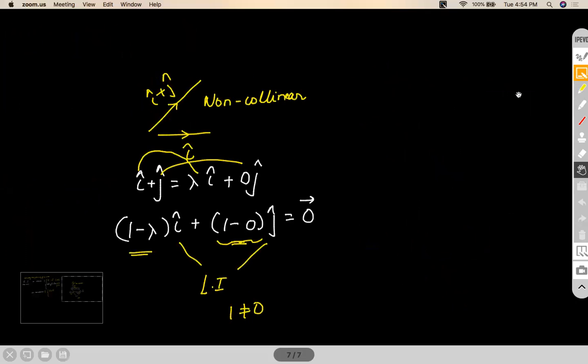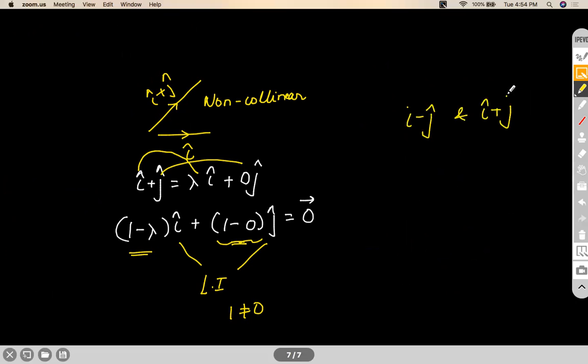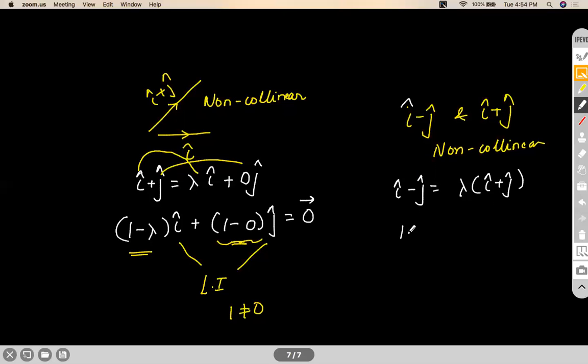Are you getting my point? Or let us say I take another case: i minus j and i plus j. You know they are non-collinear. Now try to do this: i minus j is some lambda times i plus j. If you compare the coefficients, which is very much legal to do because i and j are non-collinear, then you'll get lambda as 1 and lambda as minus 1 also.